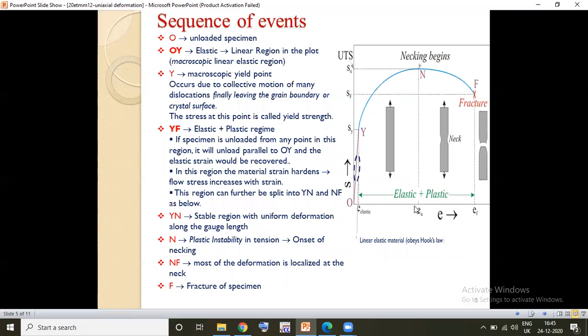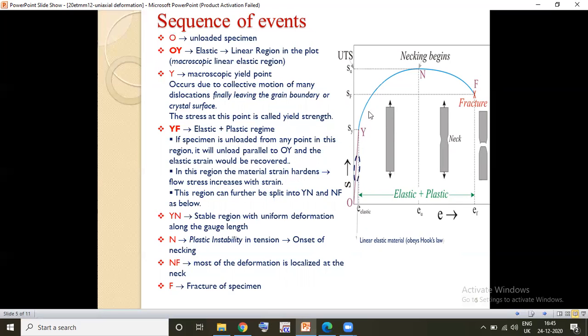Now you can see how the curve is generated, the load versus strain curve. Here S is nothing but stress and E is nothing but strain. The points O, E, P, Y, N, and F are all defined on this curve. Within the region O to Y, we have two other points, the elastic limit and the proportionality limit.